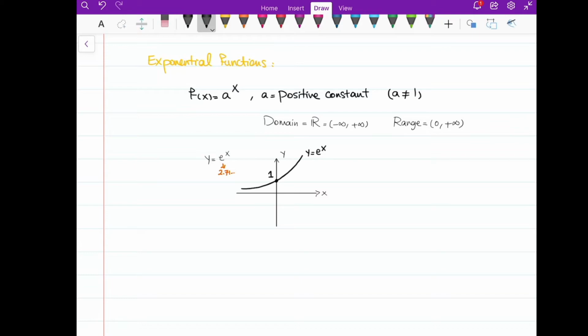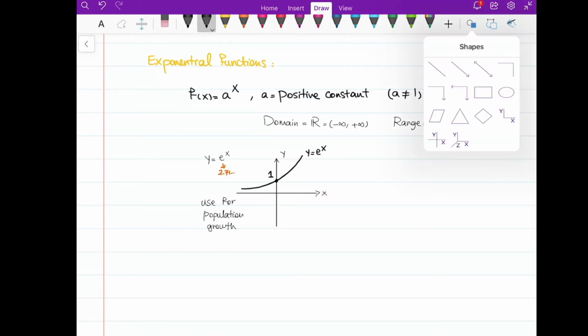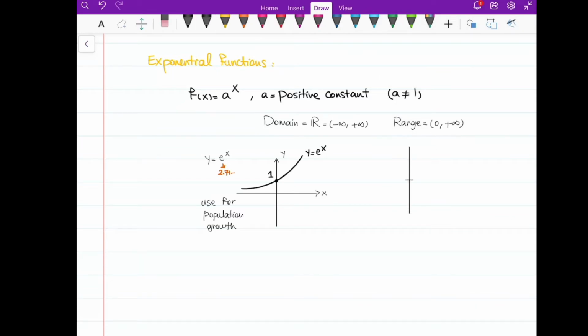Okay. We use this for example in population growth in mathematical modeling, right? Let me graph another exponential function for you. For example, the function y equals 1/2 to the power of x. So the graph of this function looks like this.